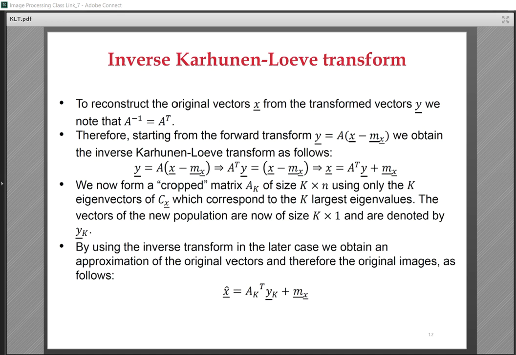What is YK? For example, containing three components, Y1, Y2, Y3, not Y1 to Y10. YK is a selection of all of the Y's with the largest eigenvalues. Okay, x hat is AK transpose YK plus mx. It says forward.